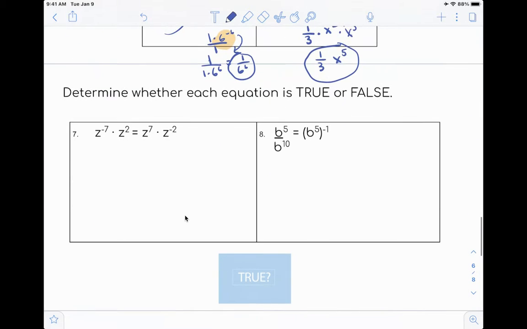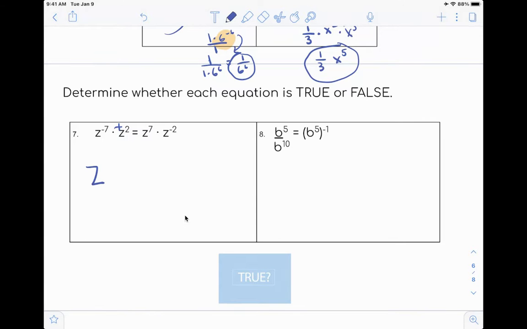So the last thing we're going to look at is to determine whether each equation is true or false. So we have in example number 7, z to the negative 7th power times z squared. And so when I know bases are the same and I'm multiplying, I can add the exponents.